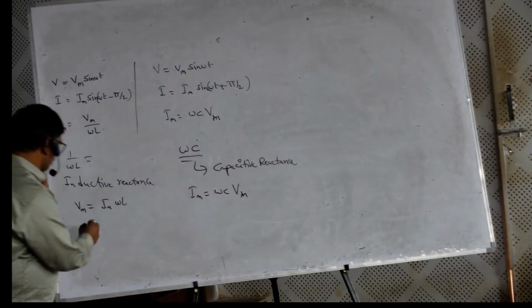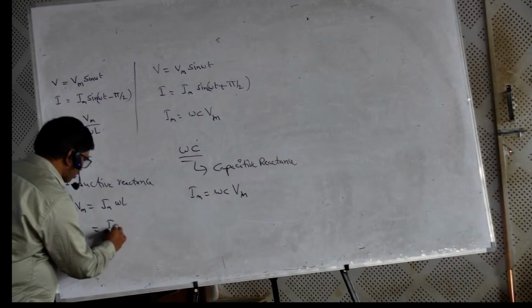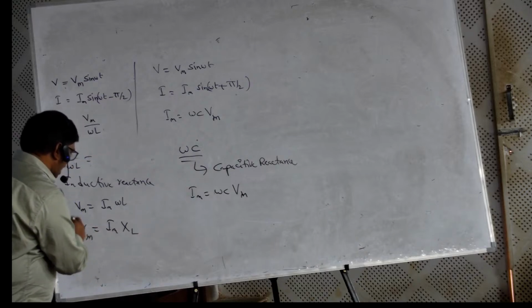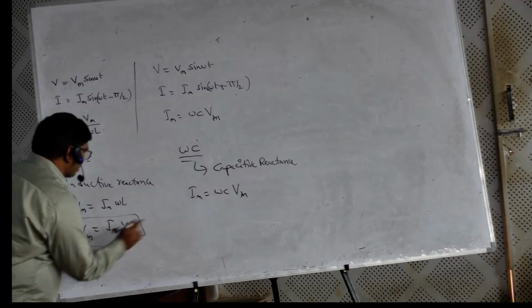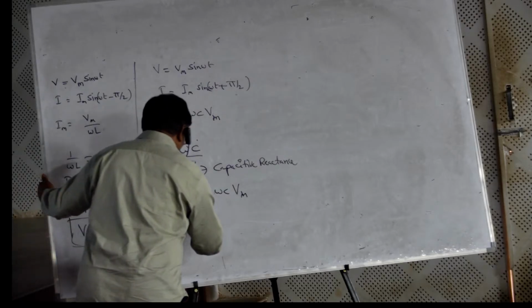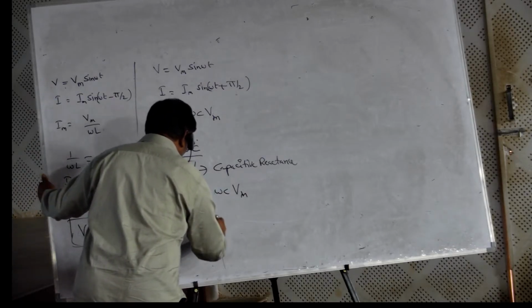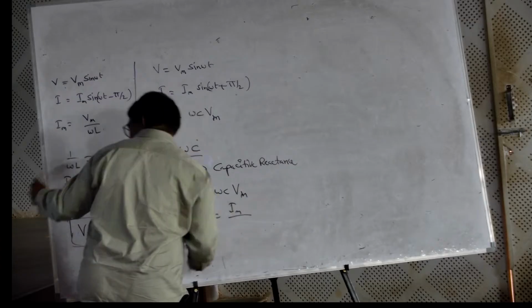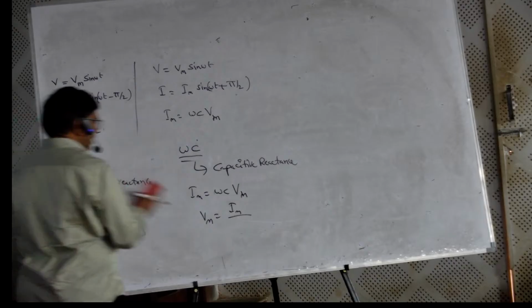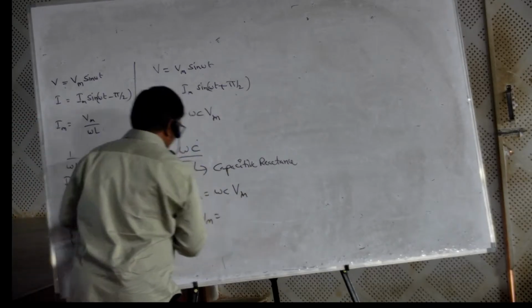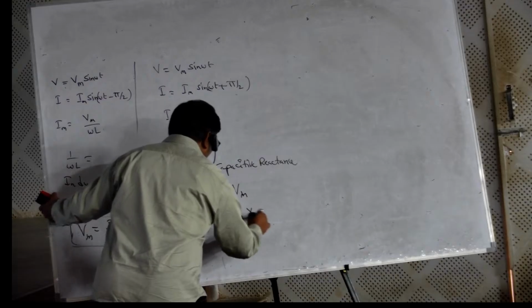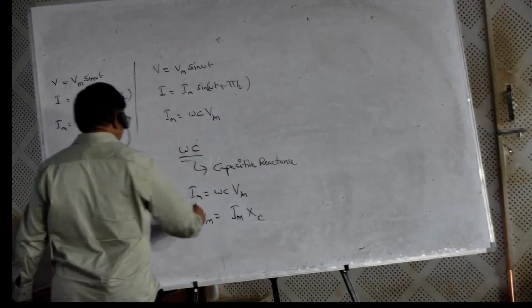So I am now writing XL: Vm is equal to Im into XL, and for the capacitor, Vm is equal to Im into XC.